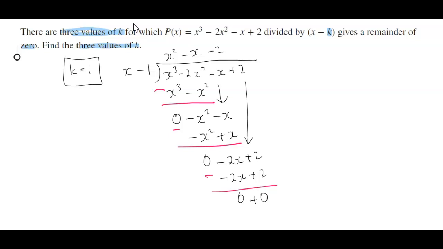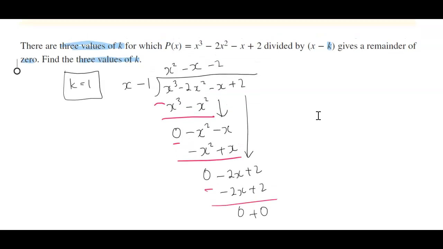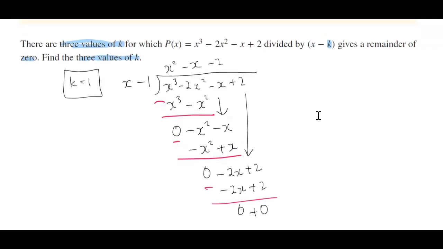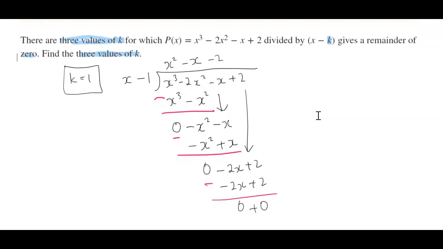All right, but this is where your remainder theorem comes into it, and your factor theorem, because we need 3 values of k. And to be honest, I hadn't done this question before, so I just chose k equals 1, but that won't always work. So I could try k equals 2, k equals 3.